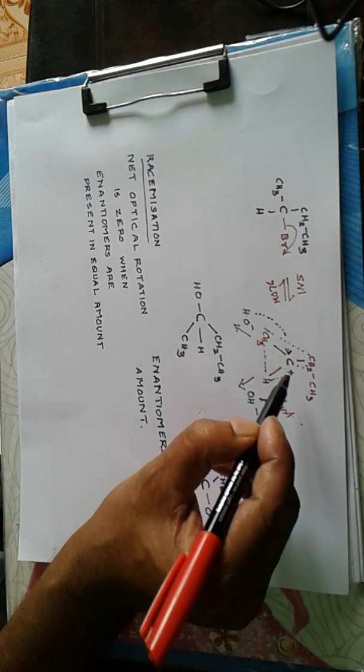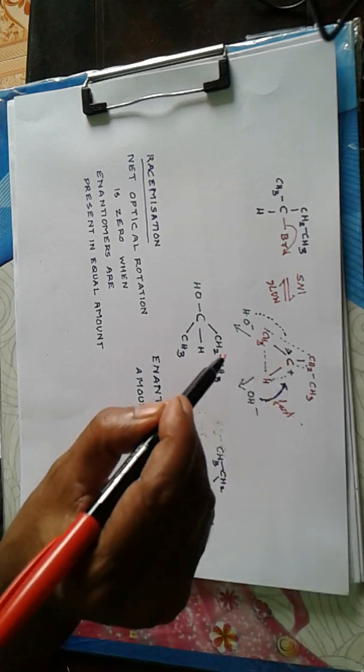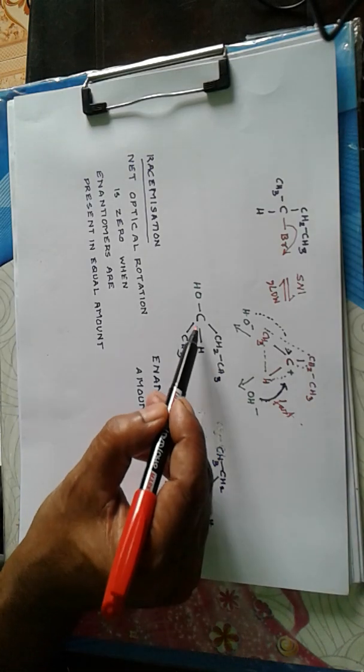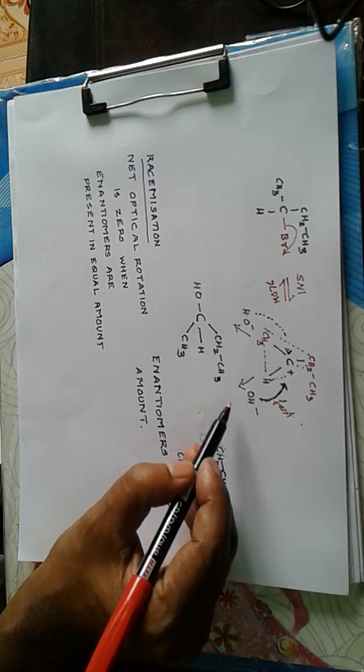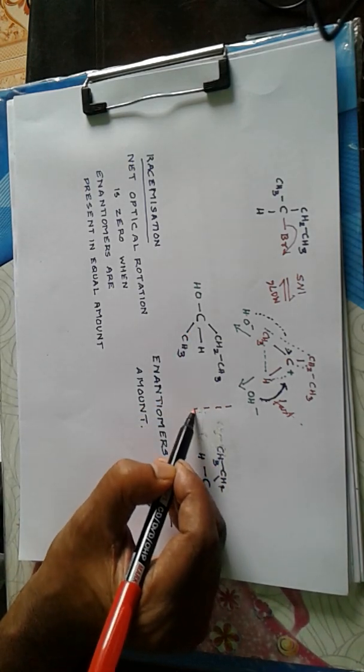So there is equal chance for attack of the carbocation which is planar from either side. Equal chance means if there is 50% chance for attack from the top, then there is 50% chance for attack from the bottom. So if one molecule is formed by attack from the top, the other molecule is formed by the attack from the bottom, so that we are able to get equal amounts of these two structures which are related as enantiomers.